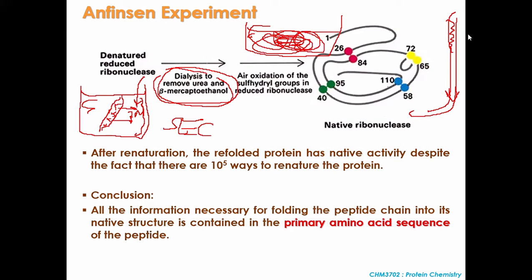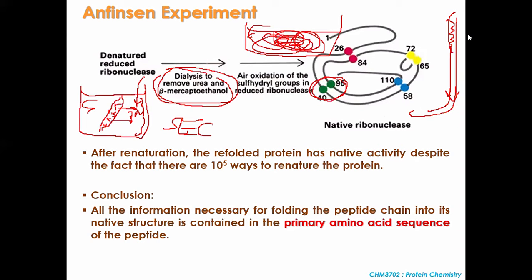I asked you about what is the mechanism to create the disulfide bond. Only 1 or 2 students can answer correctly. By air oxidation. This is the way to stabilize the protein. So kita just purge with oxygen 3 jam, 6 jam, and then the disulfide bonds will form again.